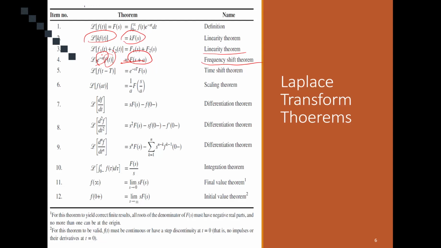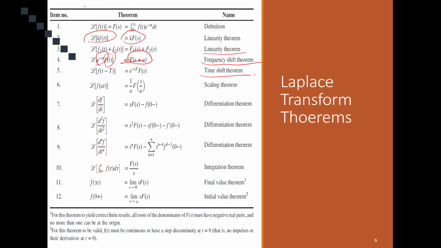Make sense? Now, what if we have a time shift? So our f in the time domain is going to be f(t minus a certain constant). If we have that, it's similar to what we talked about earlier.